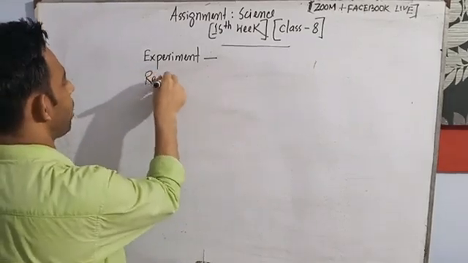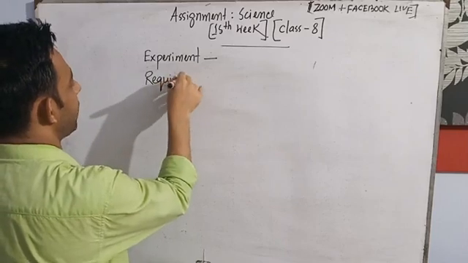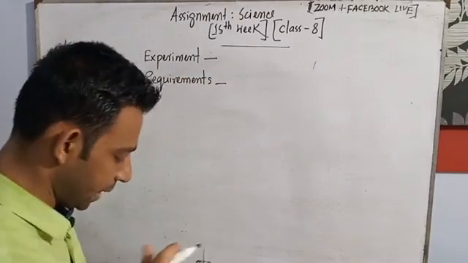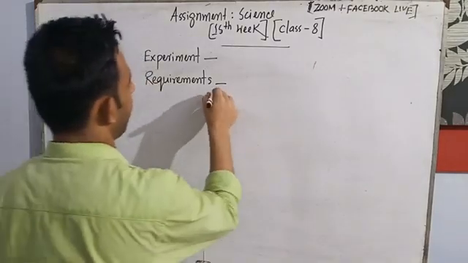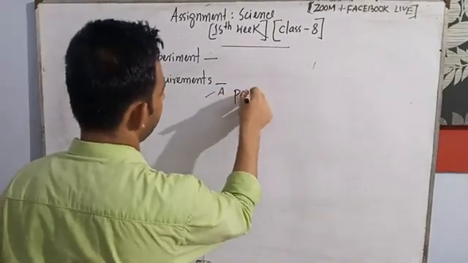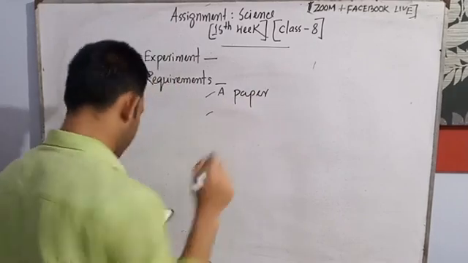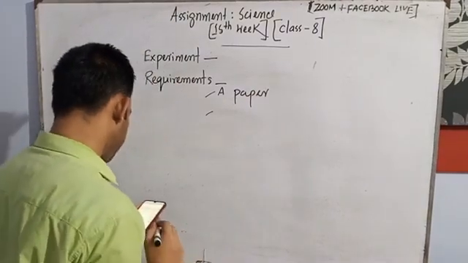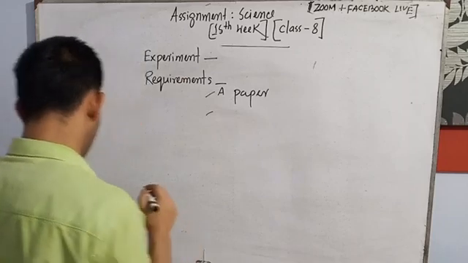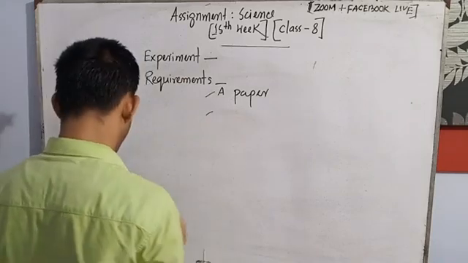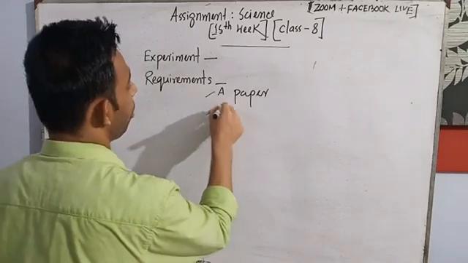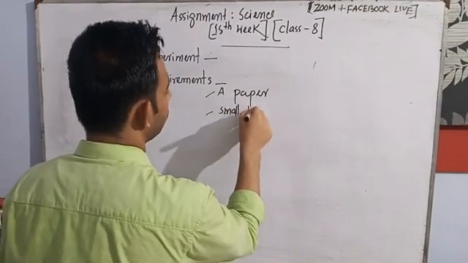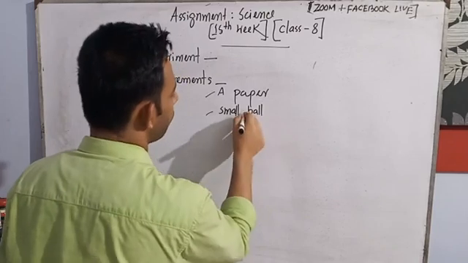Requirements. What are the requirements in that experiment? They told that you take a paper. Okay, I will take a paper. Then they told to take a small heavy ball.